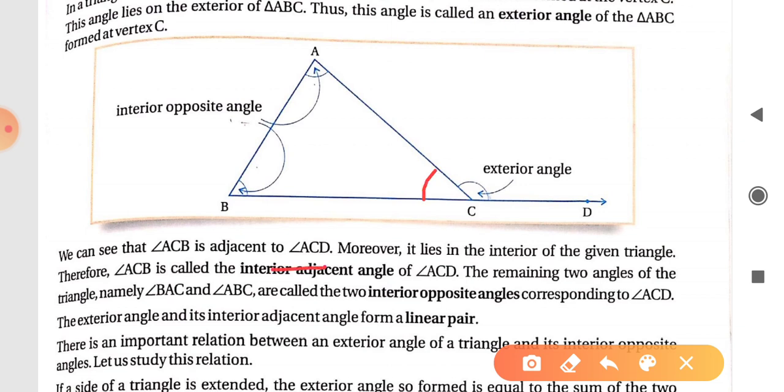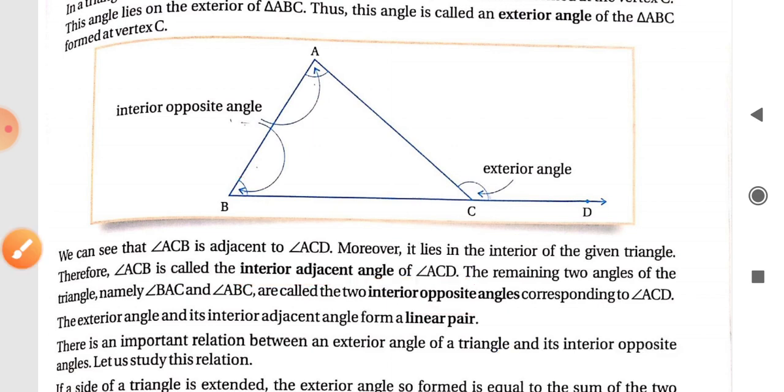It is in the interior of the triangle, so it is called interior adjacent angle of angle ACD. There are two more angles, angle A and angle B, known as two interior opposite angles corresponding to angle ACD.